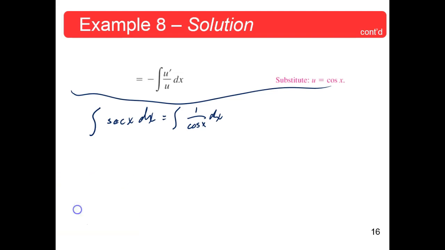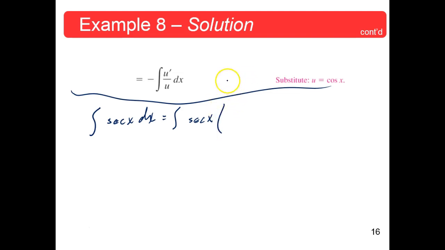Secant x is one of those that is a real pain in the neck. And they act like anyone would have thought of doing this, and I don't know anyone who would. But what they do, from out of space, or some unknown body part, they say, well, let's multiply by something.